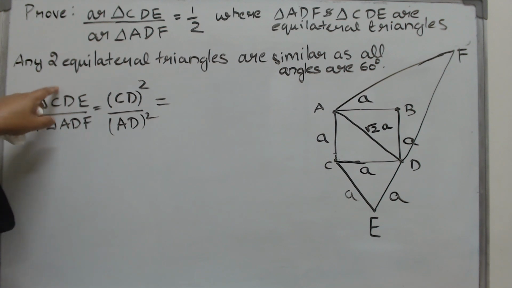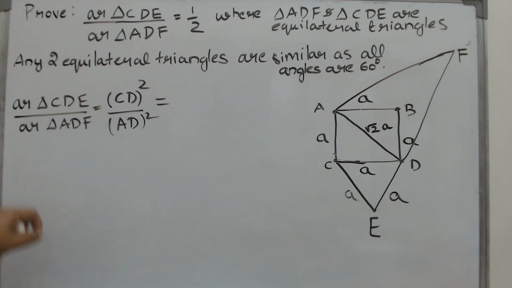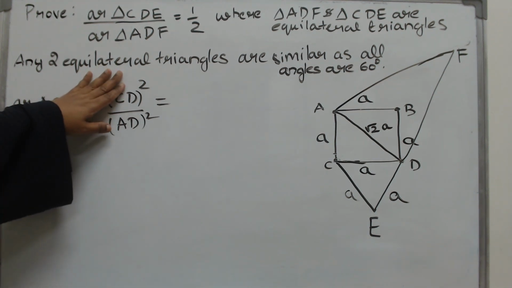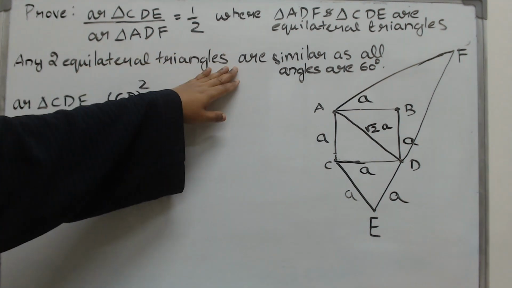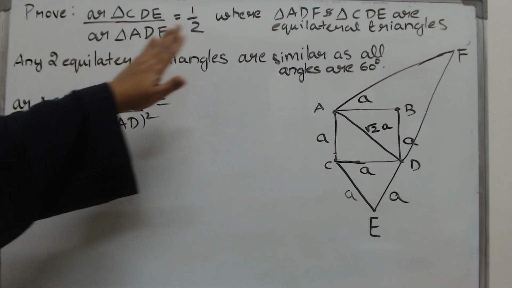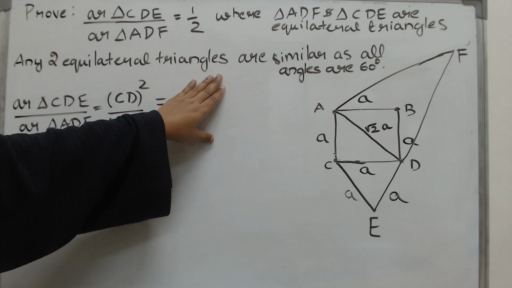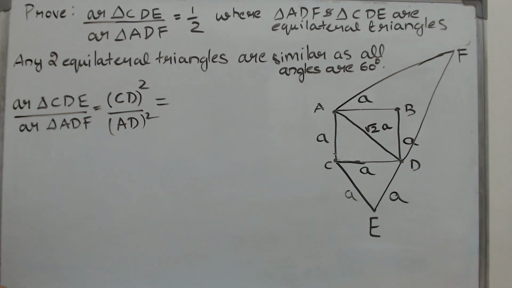Now this is another way where you prove this result using similarity. Now any two equilateral triangles are similar. Why is that? Because all of their angles are 60 degrees. Remember, they are similar but not congruent. Be very careful of that because their sides will be different.